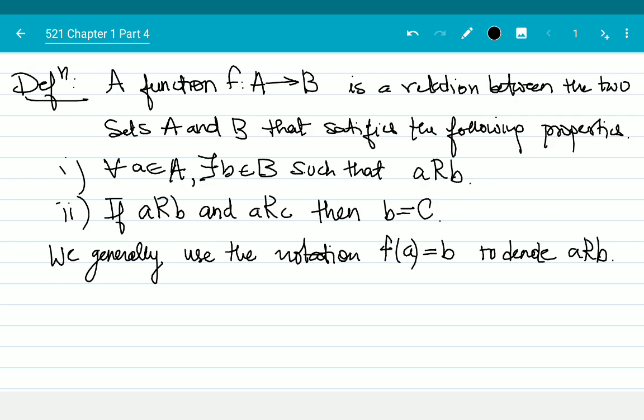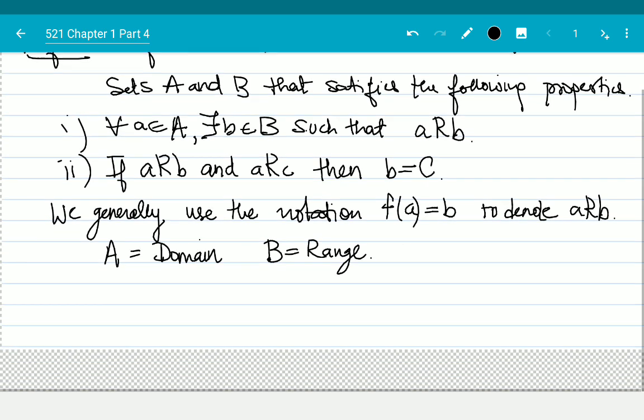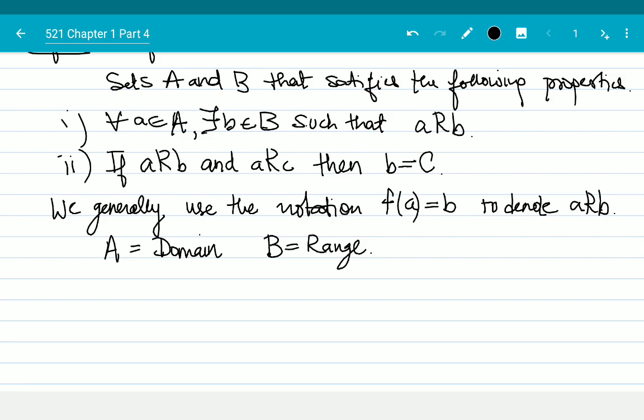So A is called the domain, and B is the range. Okay, so not everything in the range has to have something that is mapped to it. Those are special functions, and we are going to look at some of the special functions now.